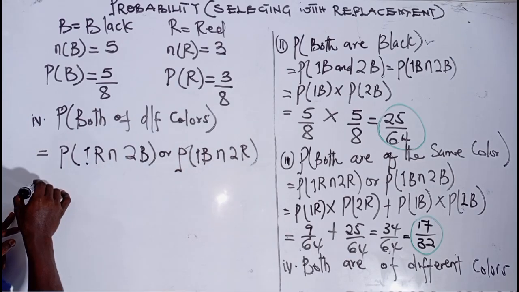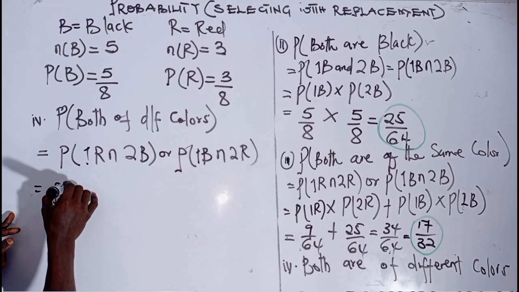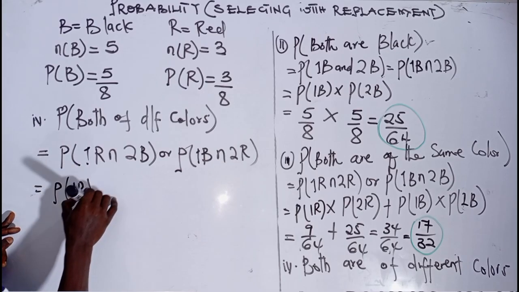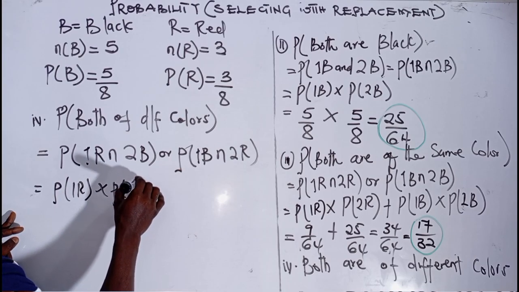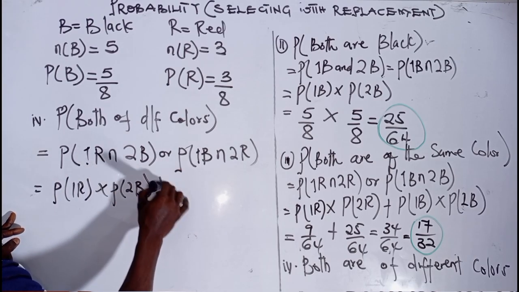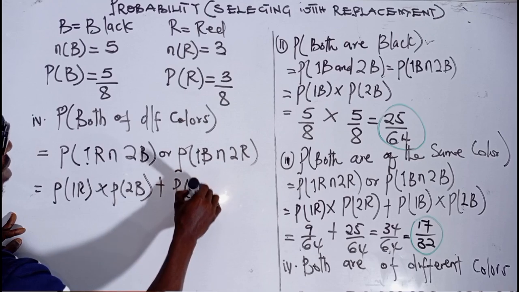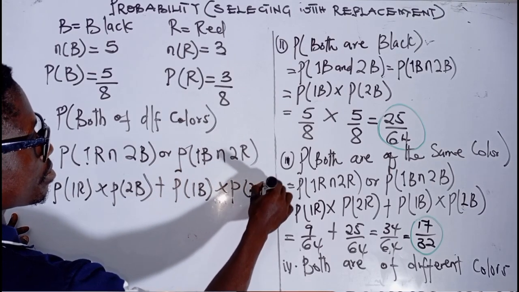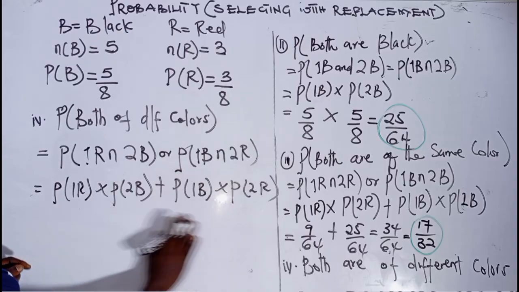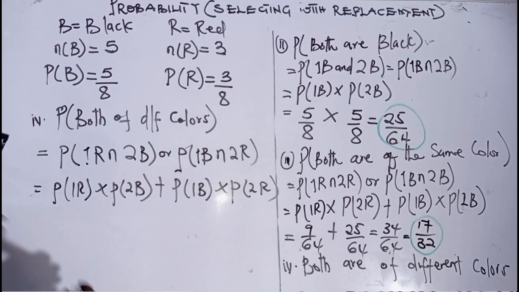Good. Now once you have this, we can write the probability that the first one is red, multiplied by the probability that the second one is, sorry, black. The "or" means plus. So once we have this, we just have to plug in their respective probabilities.